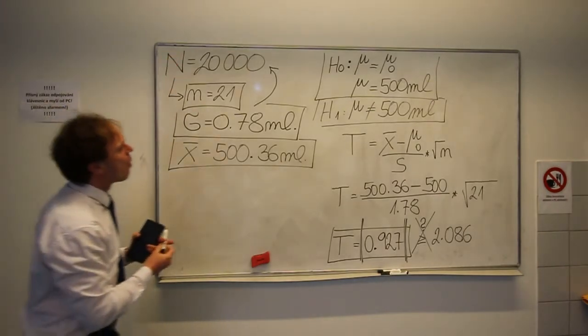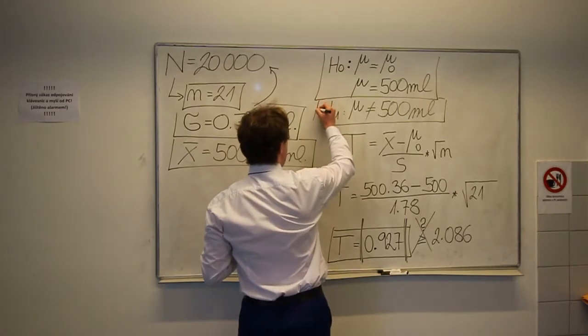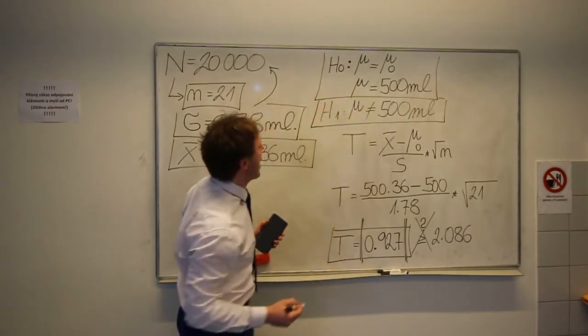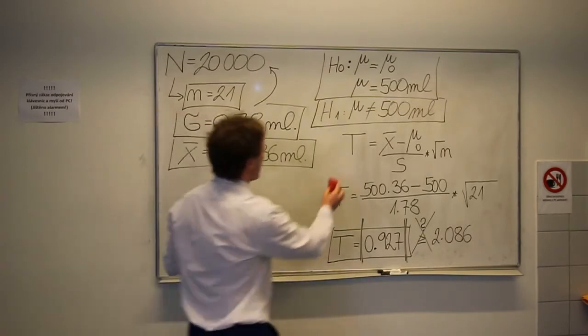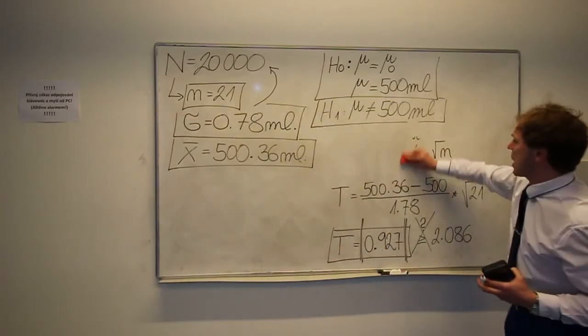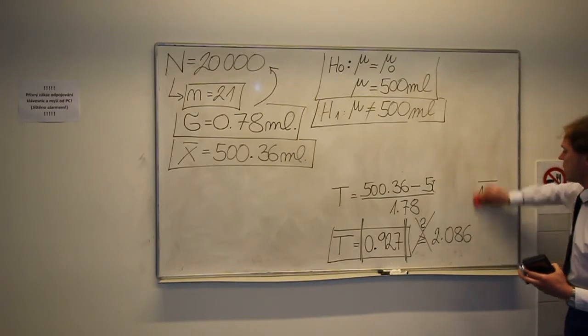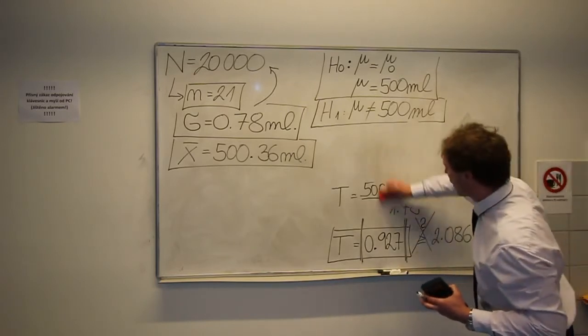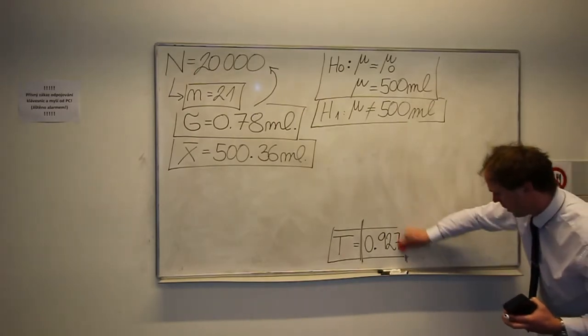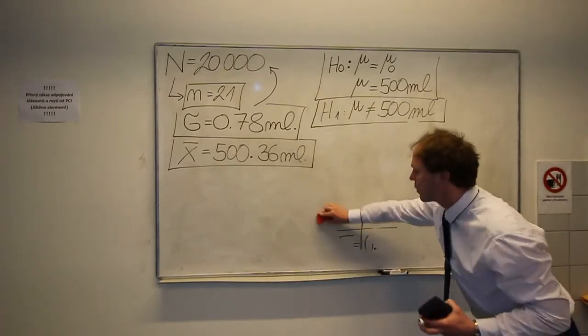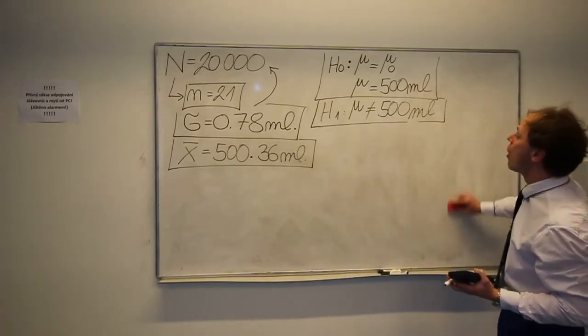So everything here will be the same as the zero and alternative hypothesis. But instead of student t distribution, we will use normal distribution because variance of the population is known.